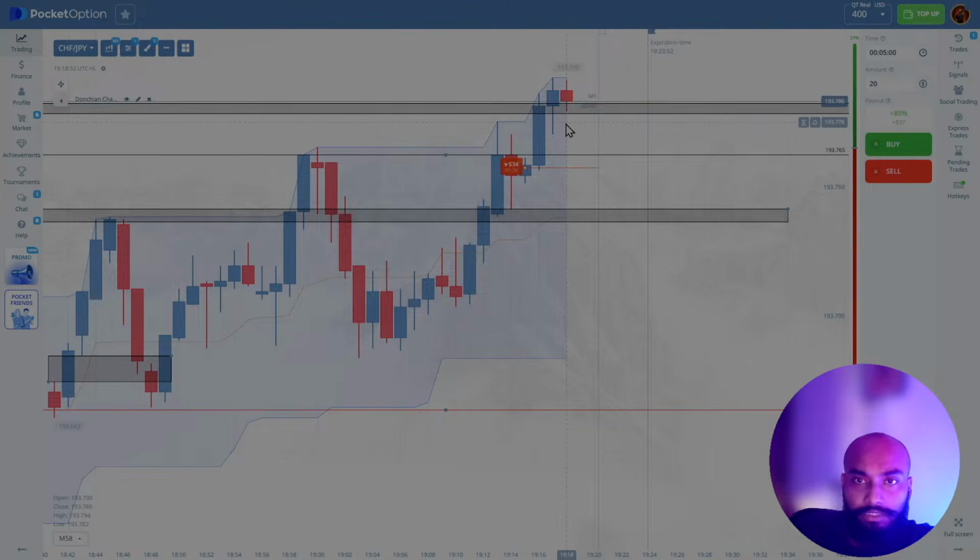So we can still make some trades there. Okay, that's a very good sign. It's not that kind of momentum anymore. It's still go for a down trade.